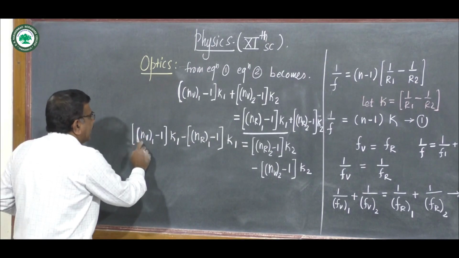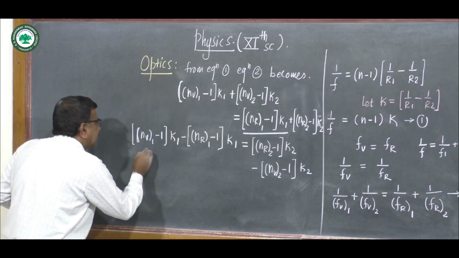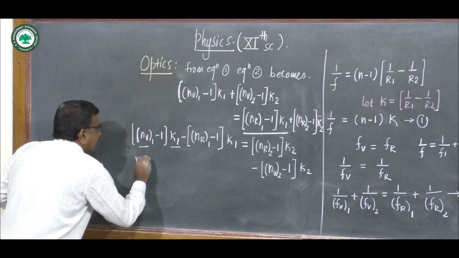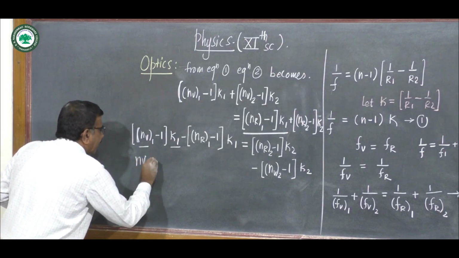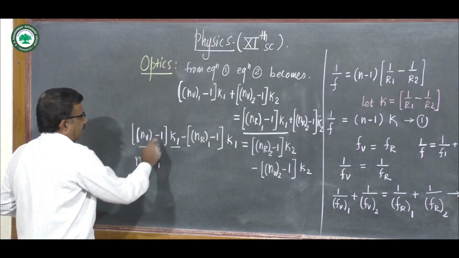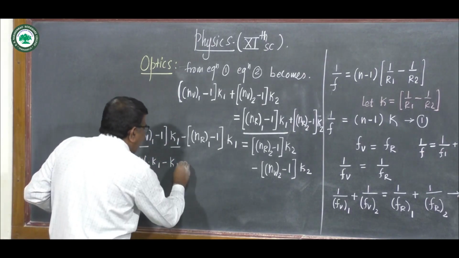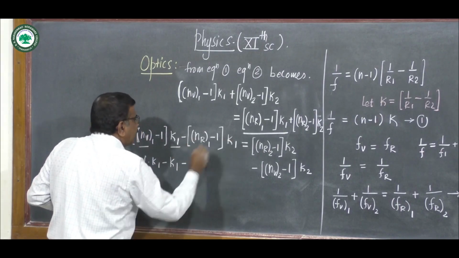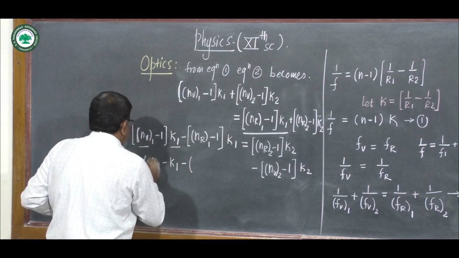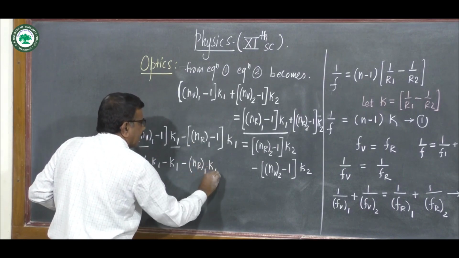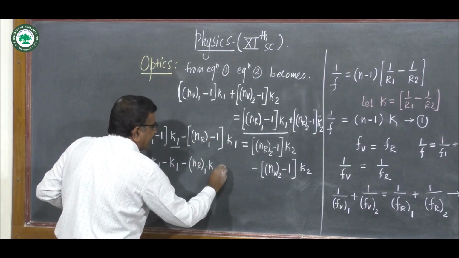Now see here nV1 into K1, this part will be nV1 into K1 minus K1 minus nR1 into K1, minus minus plus K1.